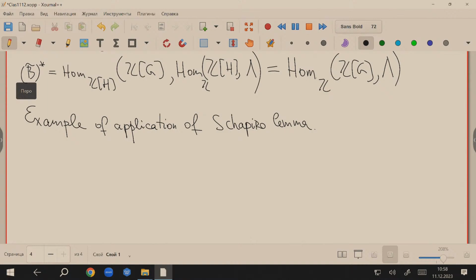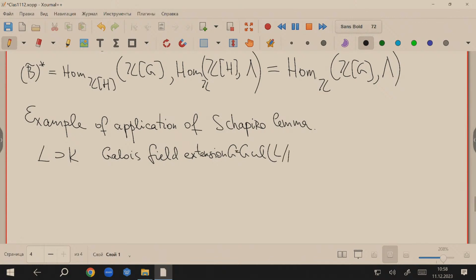So you have an example of application of Shapiro's lemma. Suppose that L over K is a Galois field extension, and you have Galois group equal to G. You may consider L as a G module.